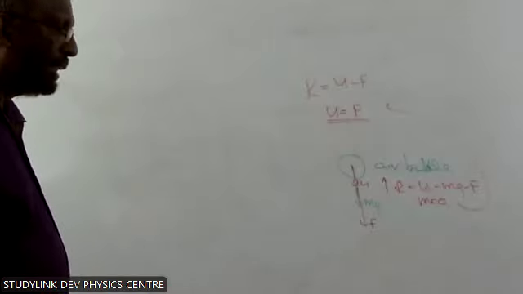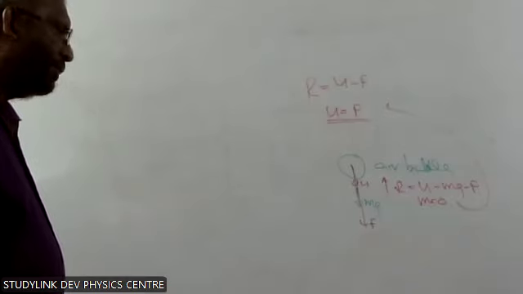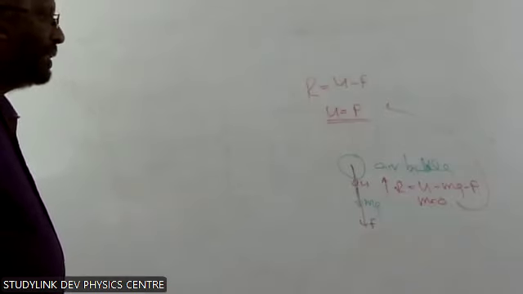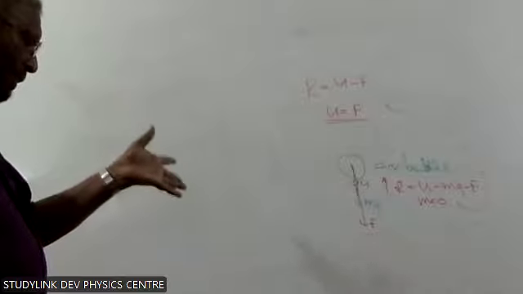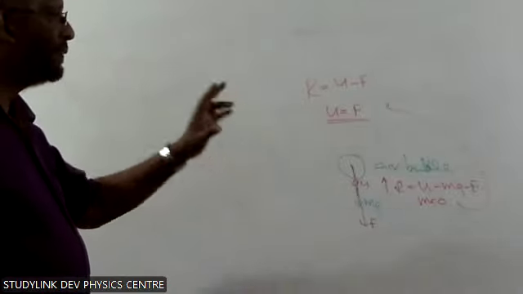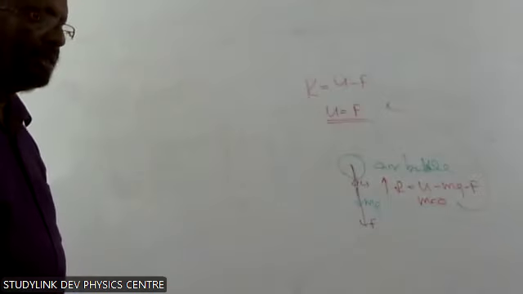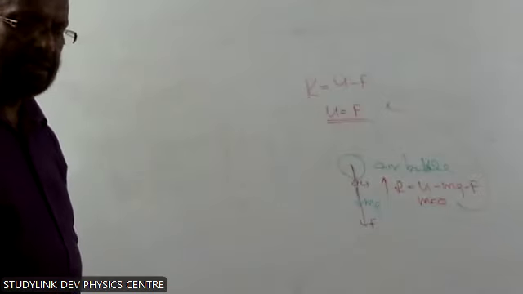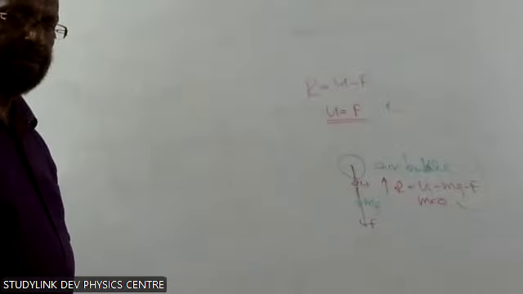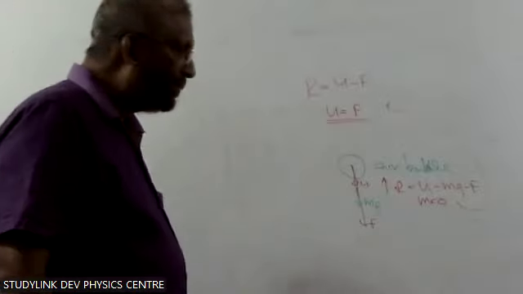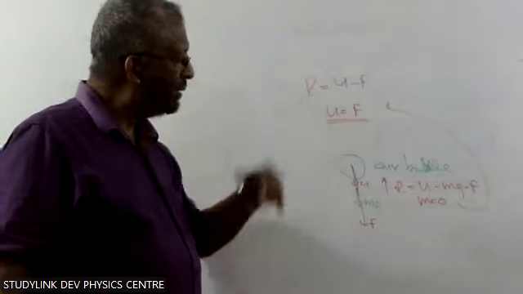Sometimes in MCQs they describe this situation and say that when upthrust is equal to viscous force, it attains terminal velocity. That is correct, because mg is not there.